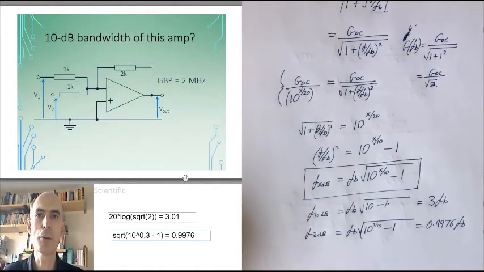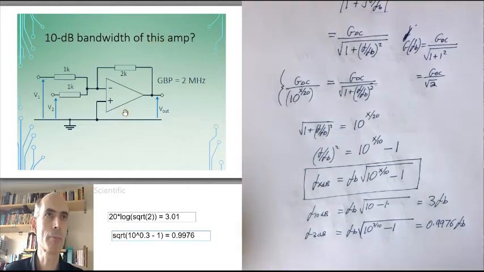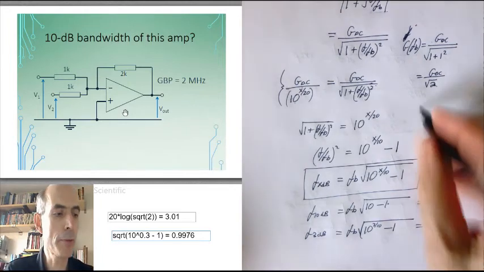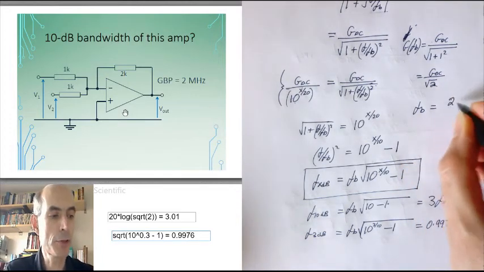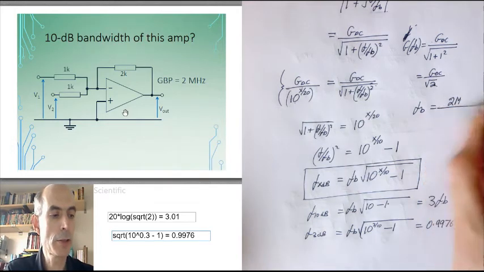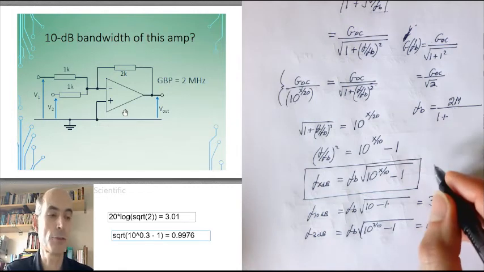As a quick example, let's look at this problem. What's the 10 dB bandwidth of this amplifier? Well, first thing to note is that this is a summing amplifier. And the formula for the 3 dB bandwidth of a summing amplifier is the gain bandwidth product, in this case 2 MHz, divided by 1 plus the sum of the modulus of the gains.